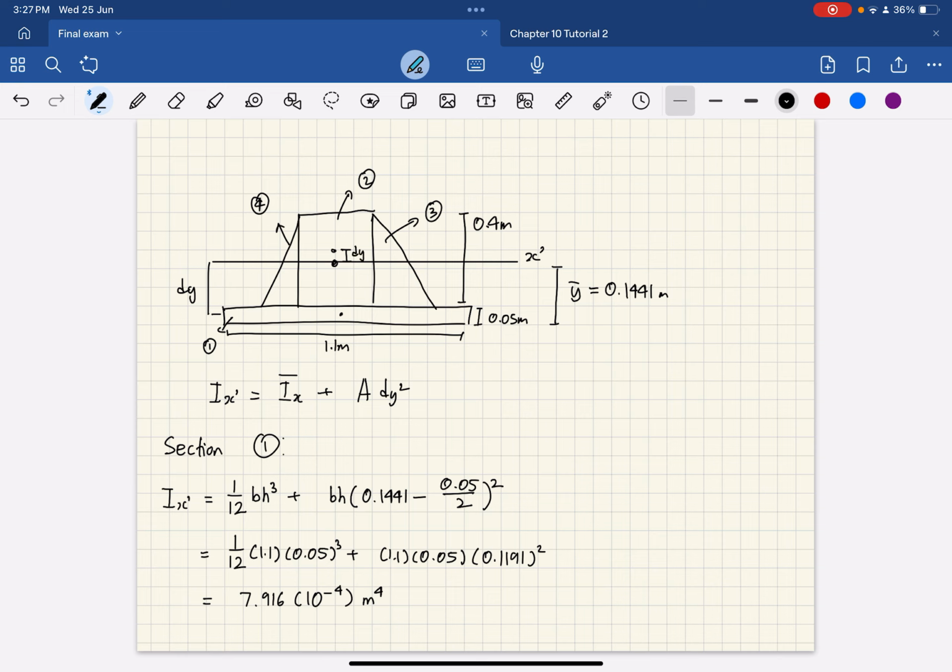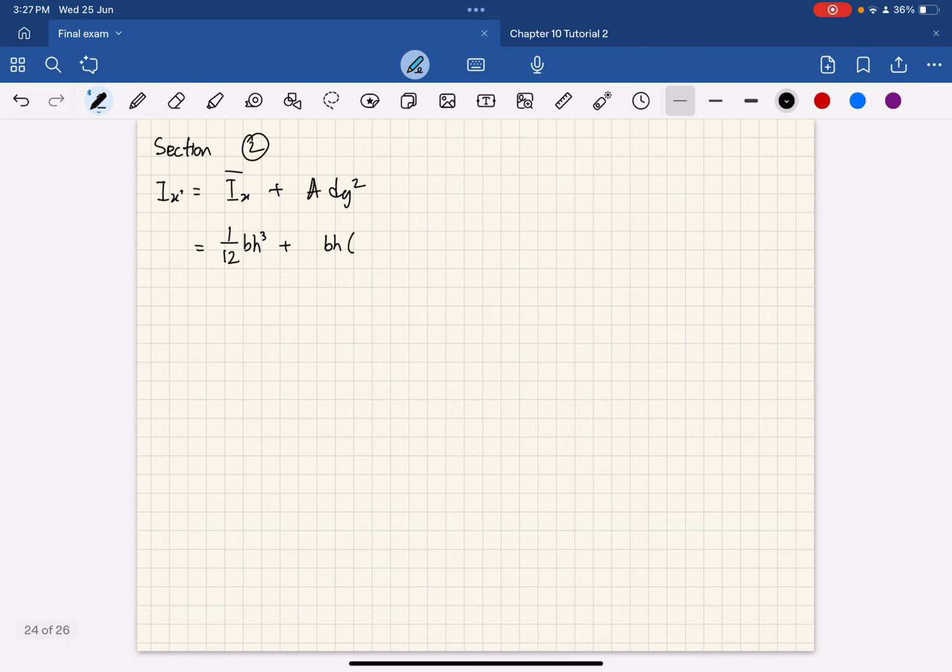Okay, so how do we tackle this problem? So 0.05 plus half of this one, how much will that be? It will be 0.05 meters plus half of 0.4. How much is that? 0.05 plus 0.4 divided by 2, which is 0.25 meters.